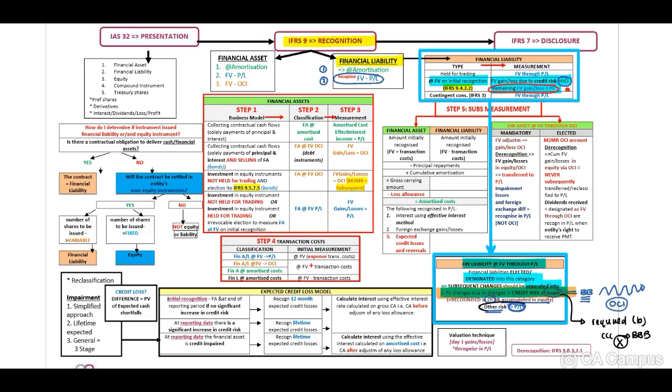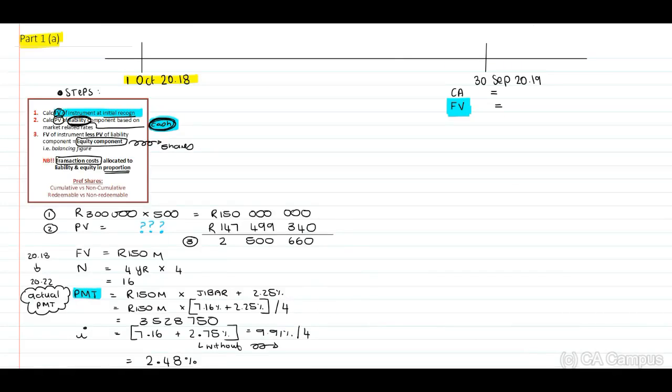Therefore, we only have to focus on this other risk. Therefore, we now know when you look at your timeline that the movement in our carrying amount and our fair value will be recognized in our profit and loss.